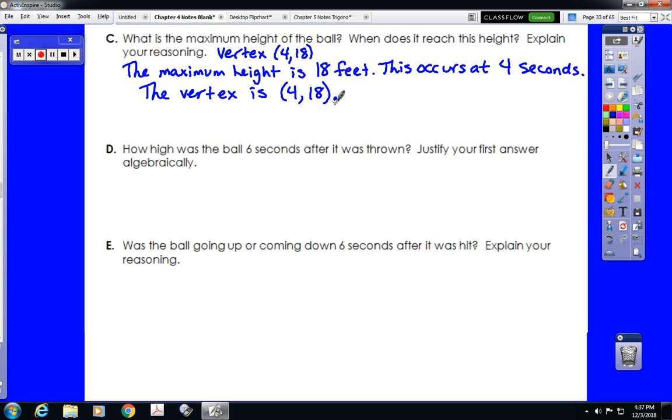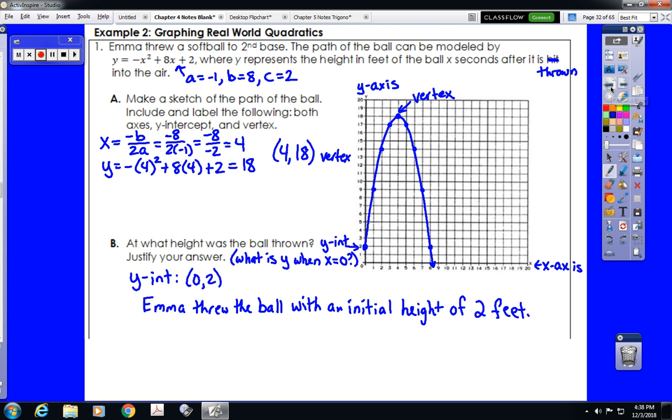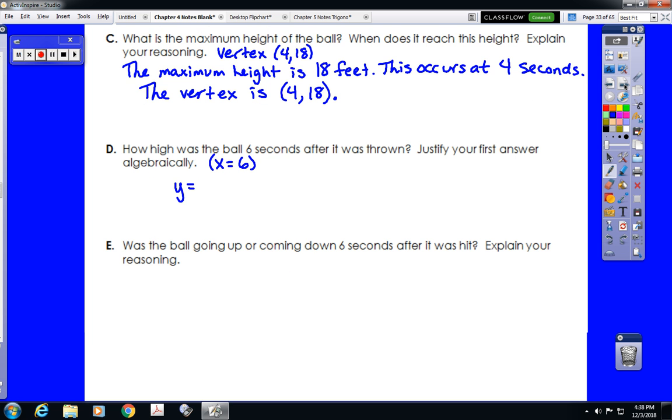Okay, letter D. How high was the ball 6 seconds after it was thrown? Justify your answer algebraically. Well, that means we're going to plug in 6 for x. So y equals, and I need to go back and look because I don't have the equation memorized. Negative 6 squared plus 8 times 6 plus 2.